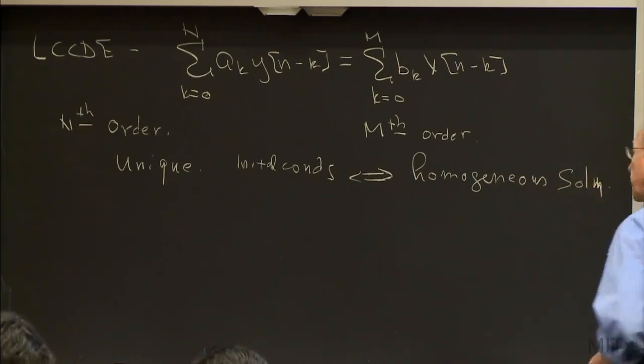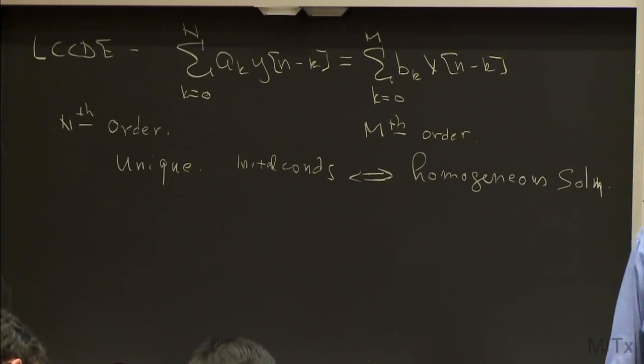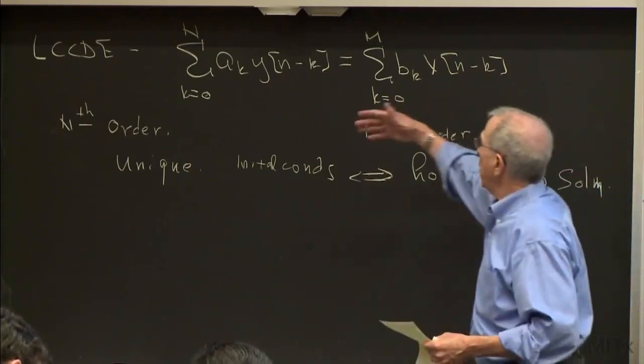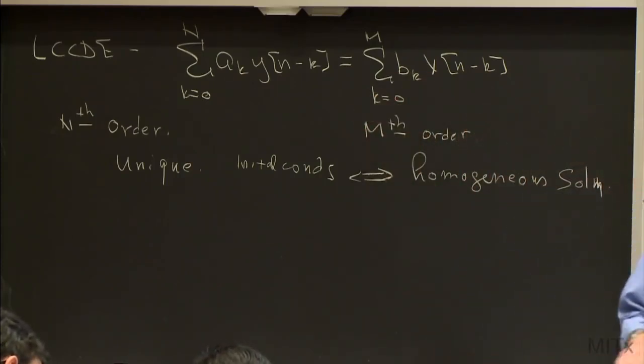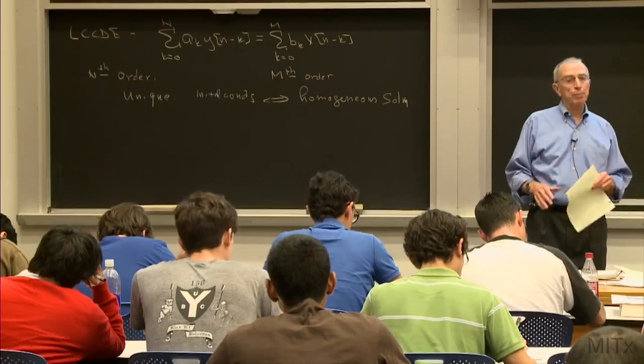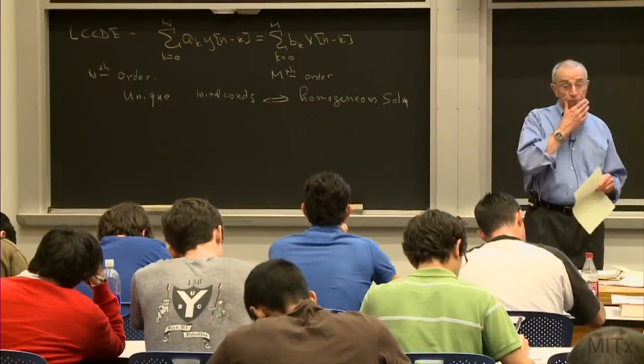That is, you can always add a homogeneous solution to any solution and it'll still satisfy the equation. So this equation is a constraint between the input and the output. It's not a mapping from the input to the output.